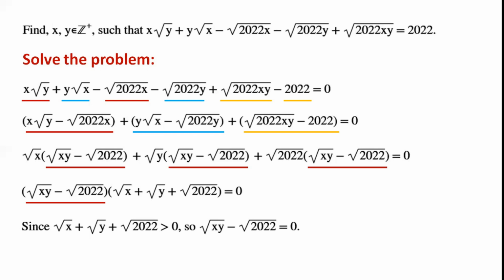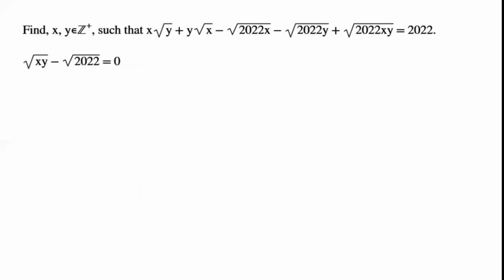Since √x + √y + √2022 is greater than 0, √(xy) − √2022 must equal 0. By rearranging the equation, we have xy = 2022.